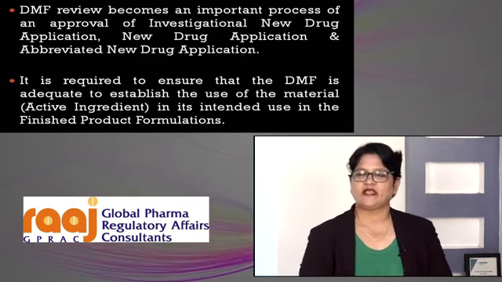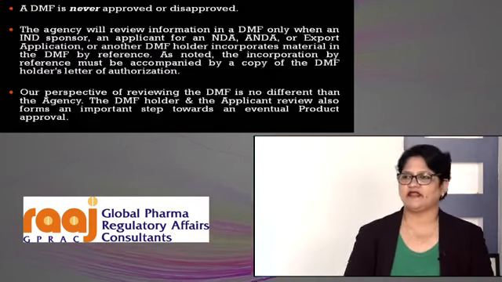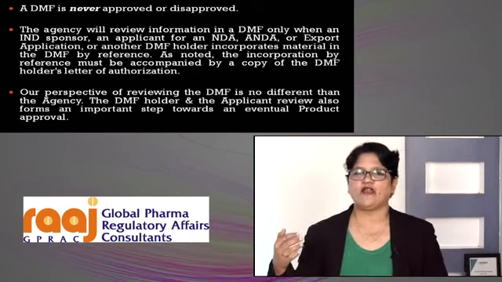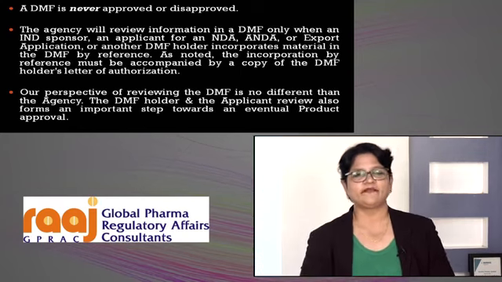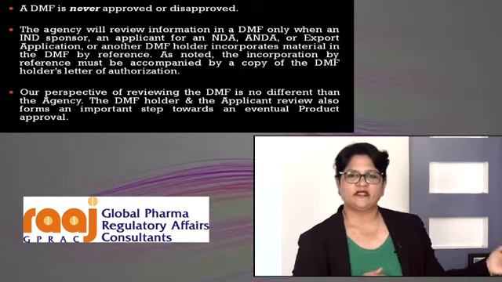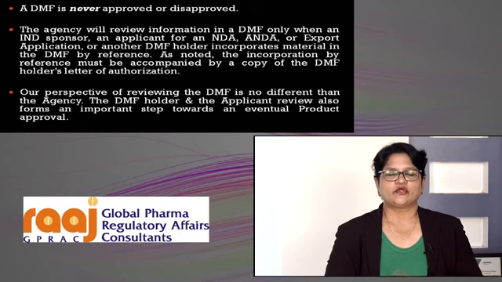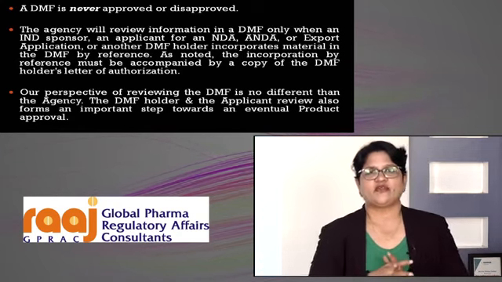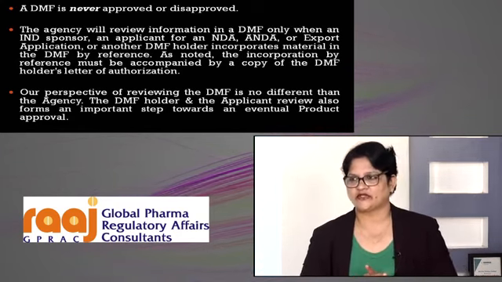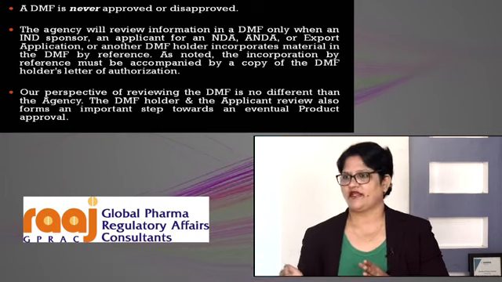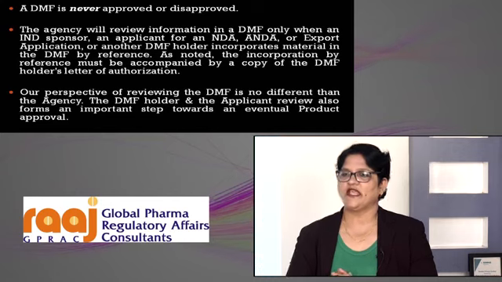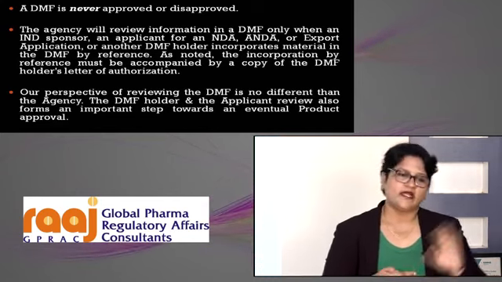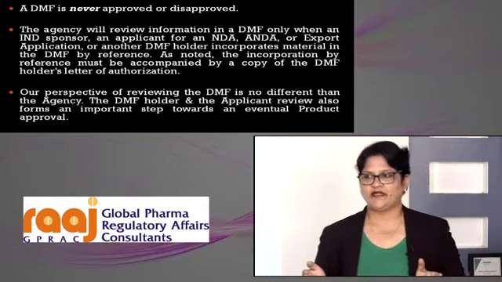If it has any queries regarding the DMF, whether the impurity levels are high or any other queries which come to the FDA's mind, it can directly ask the DMF holder. So while compiling the ANDA or the generic application, you have to give the letter of authorization to FDA, and based on that, FDA may revert back to the DMF holder as well as the applicant.